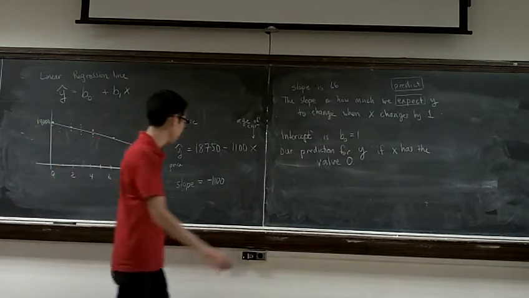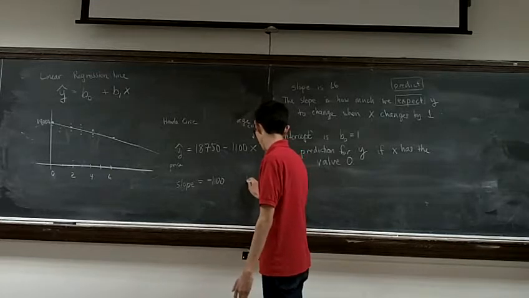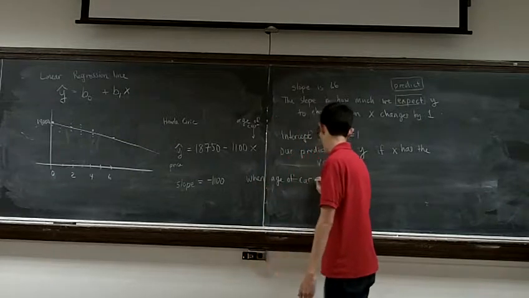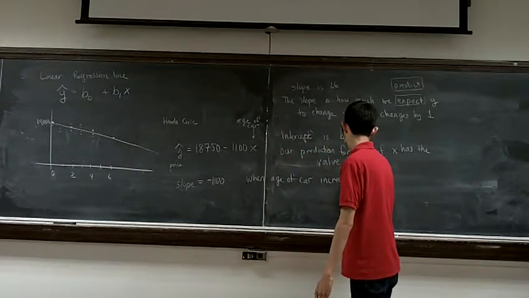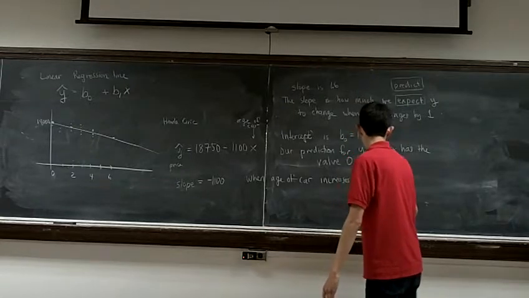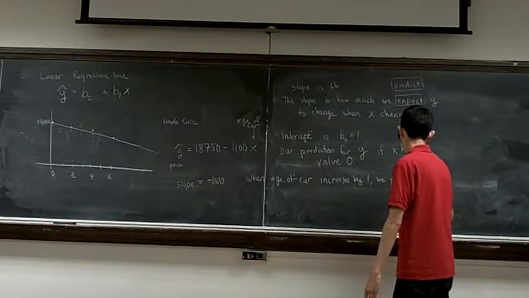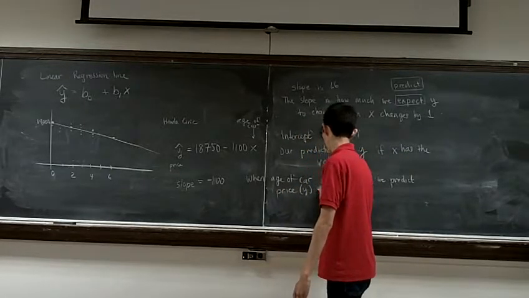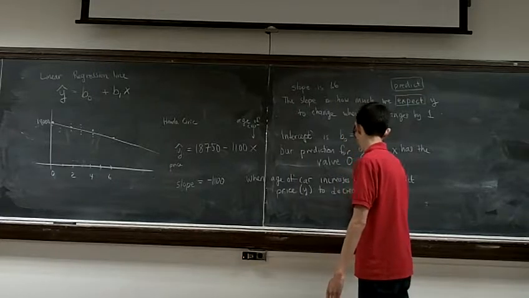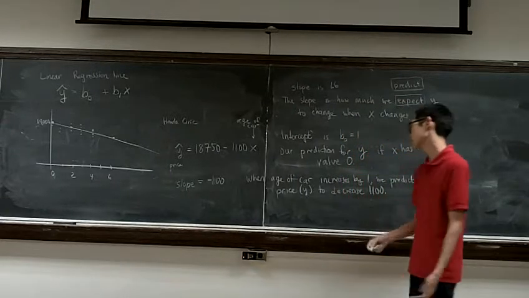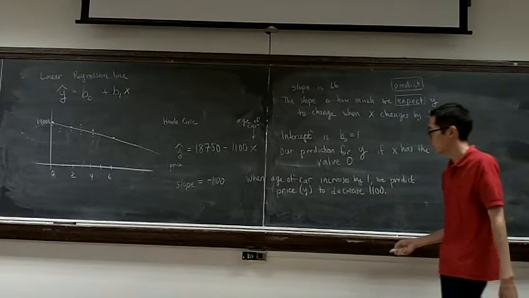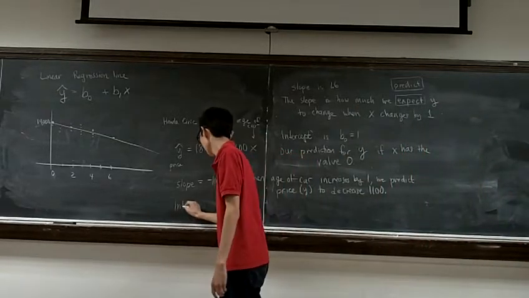Okay? This says when age of car increases by 1, we predict price y to decrease 1,100. The intercept is 18,750.